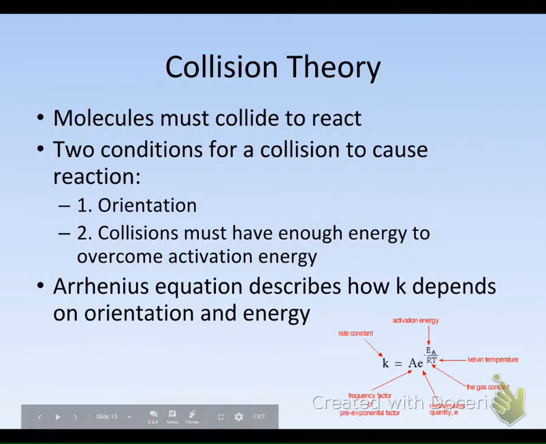Each substance usually has a value of A that's determined empirically. And then over here we see absolute temperature, the gas constant, which is 8.314 joules per mole K. And then we have the activation energy. So we can see that the rate constant is very much dependent on this activation energy and temperature.